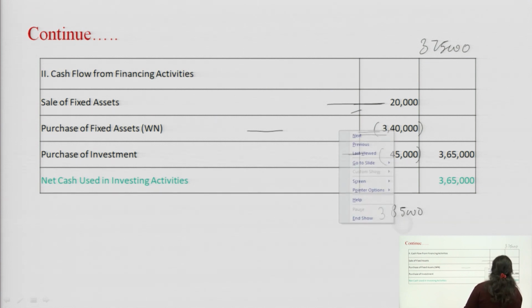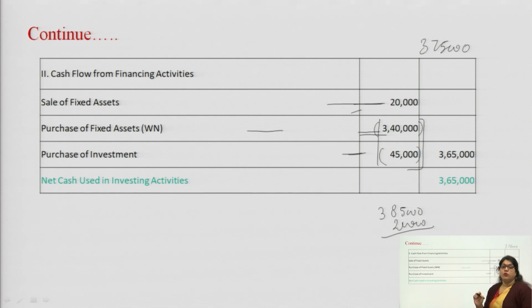Subtract this 20,000, because these are the two figures which are in negative. So, this 3, 6, 5 is the amount which is coming out. Okay, we will carry forward, this is the net cash received from the investing activities.